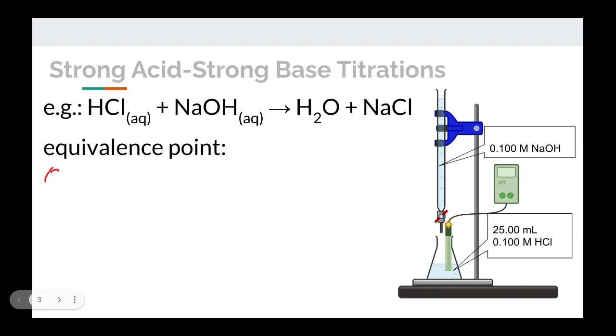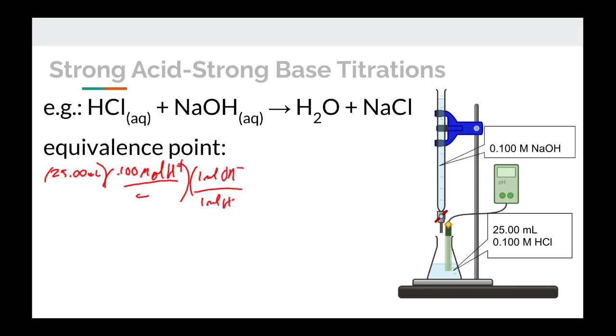So we can go 25 milliliters, that's the volume of acid in the flask, and its concentration is 0.100 moles of H plus per liter, and there's 1 mole of OH minus for every 1 mole of H plus in the net ionic equation, and the concentration of the NaOH is 0.100 moles of OH minus for every liter.